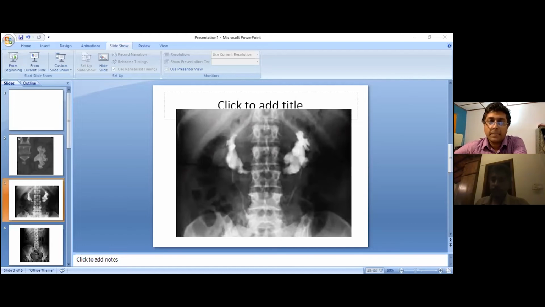The most common ones are hypercalciuria and hyperoxaluria sort of abnormalities. I'm not 100% sure.